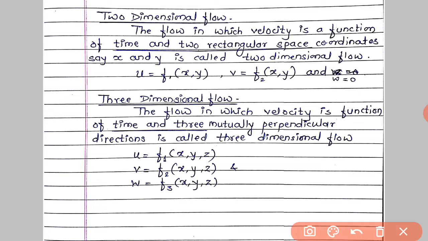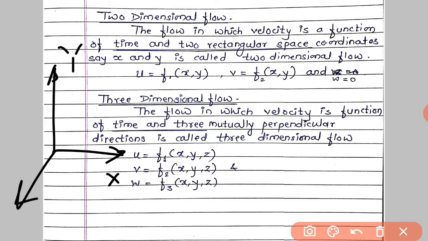Now see here, in two-dimensional flow, once again I will draw the coordinate system. So this is the x-axis, this is the y-axis, and this is the z-axis, and velocity in direction x will be u, velocity in direction y will be v, and velocity in direction z will be small w.